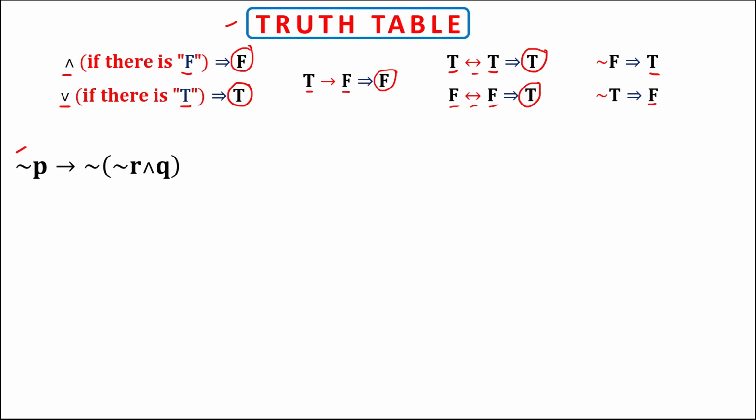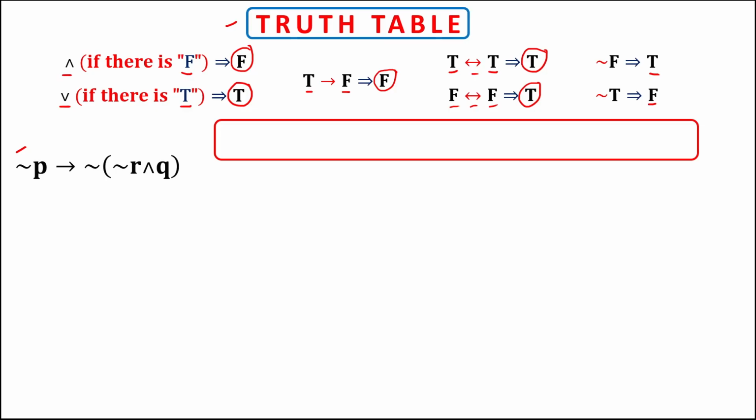Then in the top of the table, start your table with the given variables, so that's P, Q, or R. Then followed by the negation of P, the negation of Q, then the negation of R. Then the parentheses, the negation of parentheses, and the last column must be the given.